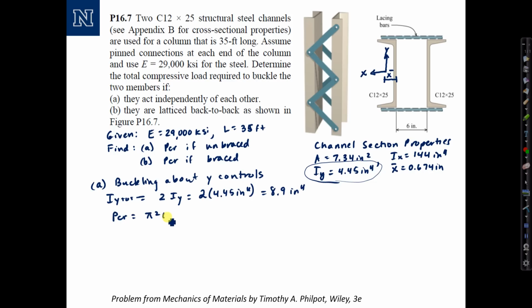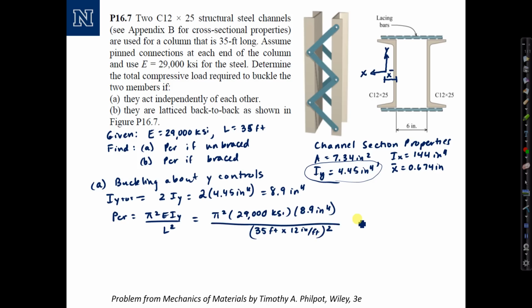P-crit equals pi squared EI y over L squared equals pi squared times E 29,000 KSI times the Iy we computed, 8.9 inches to the fourth, divided by the length of the column squared, which is 35 feet. We need a unit conversion, 12 inches per foot, and we're going to square that number. And the whole thing computes to 14.44 kips, and that's our critical buckling load for case A.